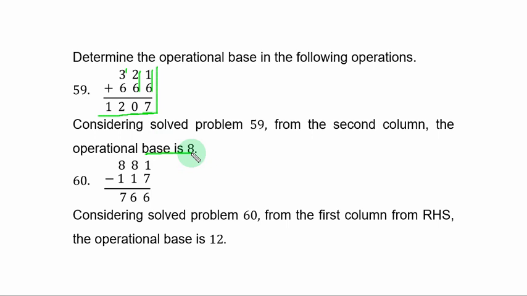Example 60, same thing. So let's find out what happened, but this is subtraction. Now you have 1 minus 7 and you have 6. You know, ordinarily you cannot subtract 7 from 1.